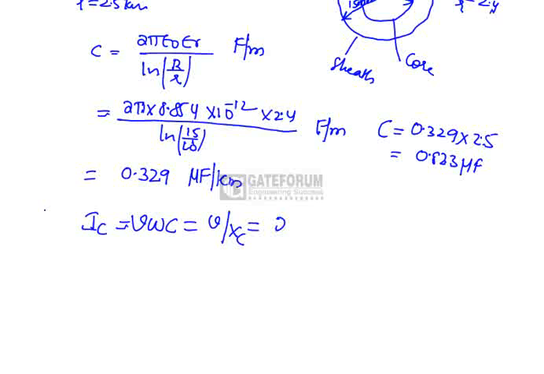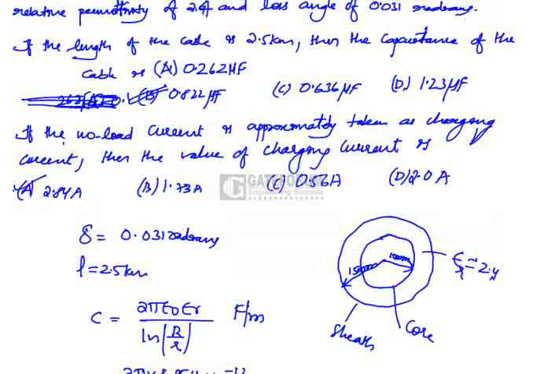Omega is 2 pi into F, F is 50 hertz, into capacitance value 0.823 into 10 power minus 6 farad. It is a single phase line, so we should not divide by root 3. Directly, this is a single phase line, RMS value is 11 kilovolts. You can find this one as 2.84 amperes, which is option A.